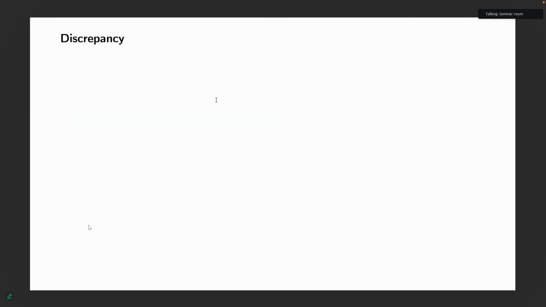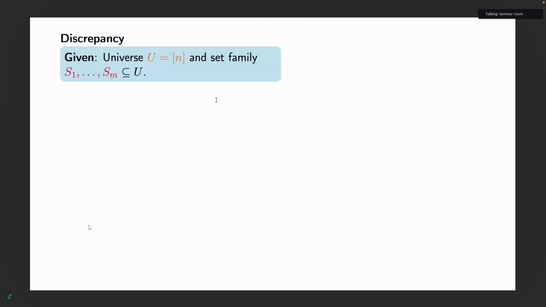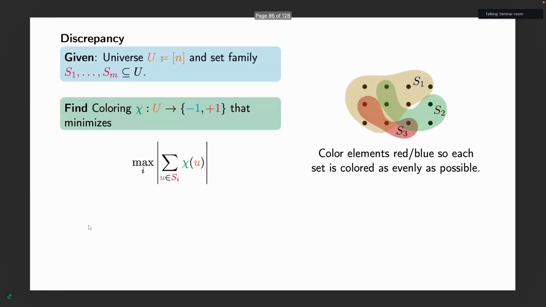We also found the following problem that's called discrepancy. In this problem, you are given some universe and some family. The task is to find some coloring of this universe into negative or positive colors, such that in each of these sets you minimize the discrepancy between ones and minus ones.